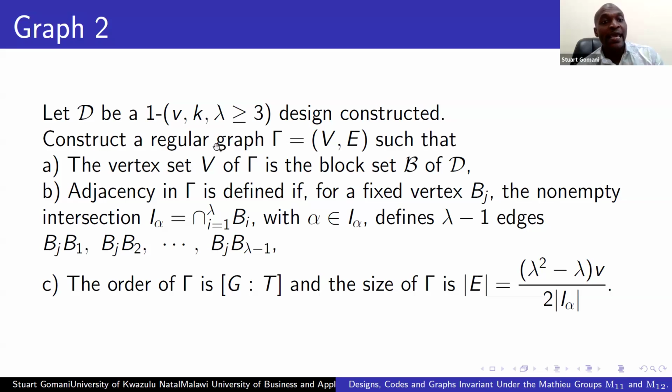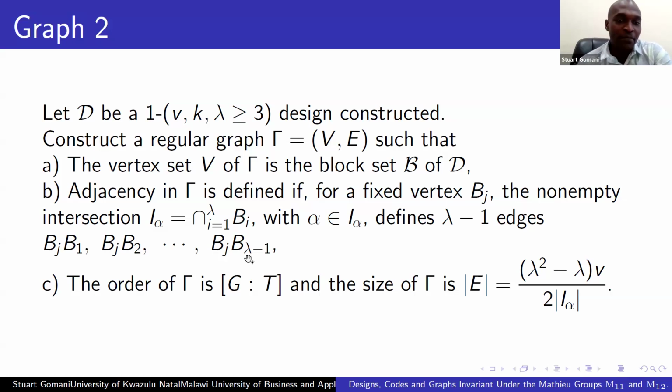And we construct a regular graph from that design in such a way that the vertex set is again the block set of the design, but now our adjacency is defined differently. First, we fix a vertex b sub j, and we take an intersection of lambda vertices that are including the b j that we have fixed. And that intersection defines lambda minus 1 edges, b j b 1, b j b 2, up to b j b lambda minus 1.